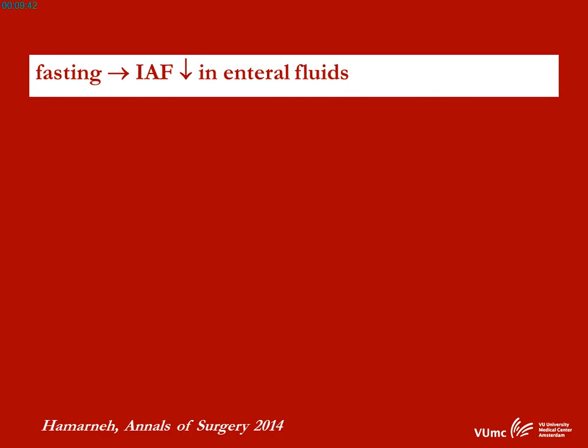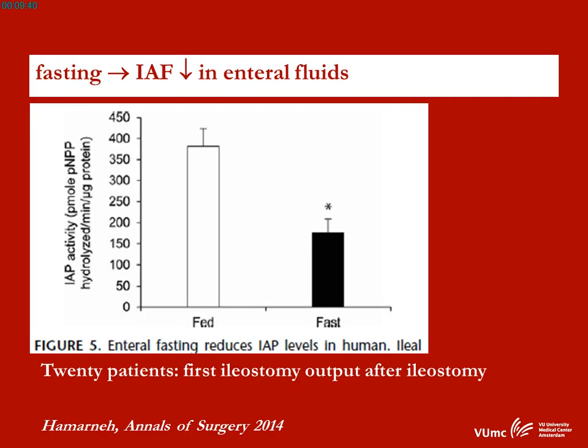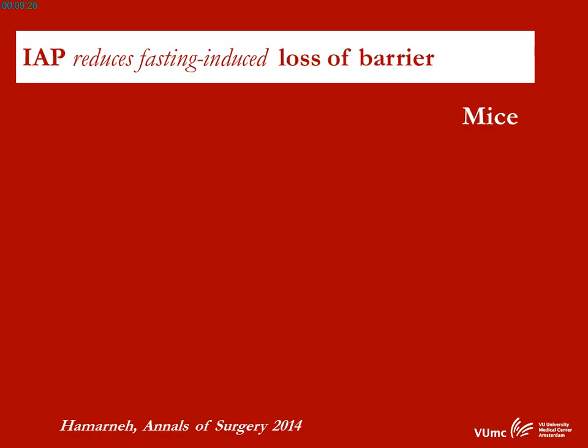Well, the study shows, and it looks at patients receiving an ileostomy, and it looks at the first output of the ileostomy, and it found that fasting reduces alkaline phosphatase content of the enteral fluids.